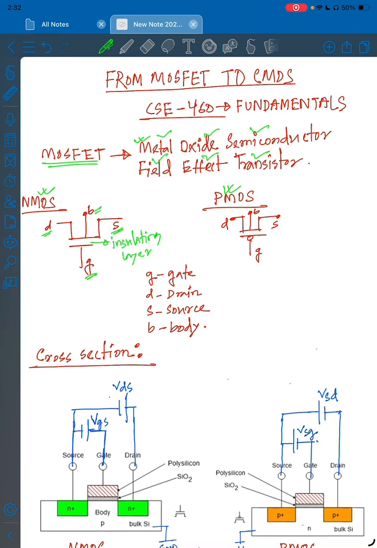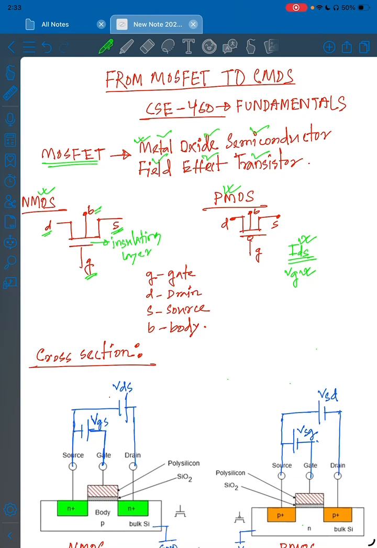The field effect represents the voltage control part of the MOSFET. In a MOSFET we control the current between the drain and the source by the voltage at the gate. So the MOSFET is a voltage controlled device, and the gate voltage controls the current between the drain and the source.